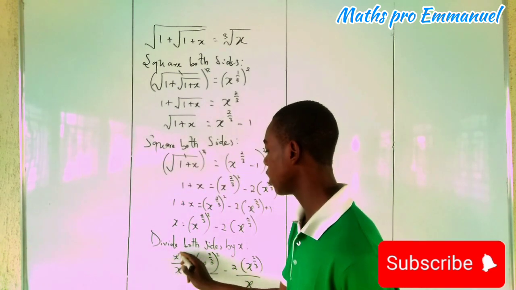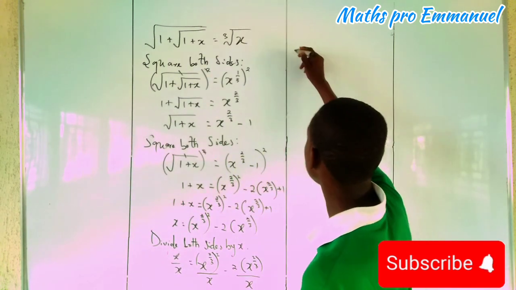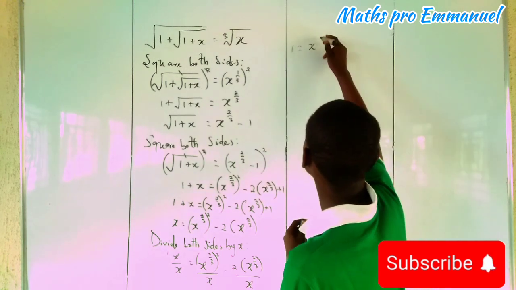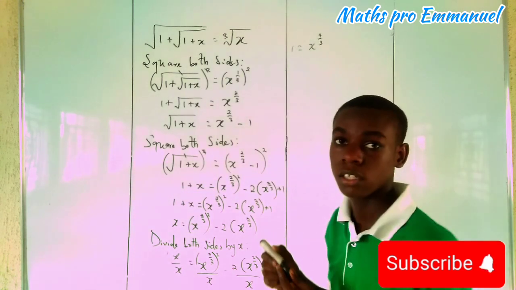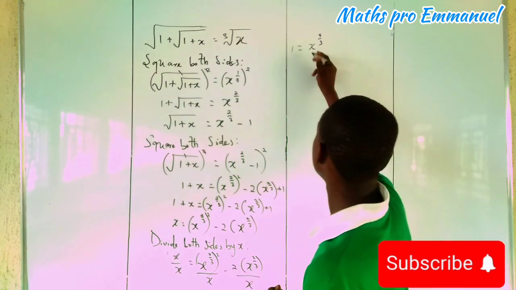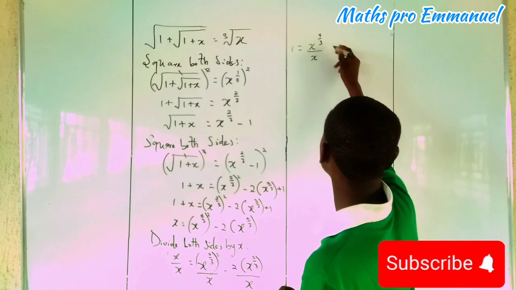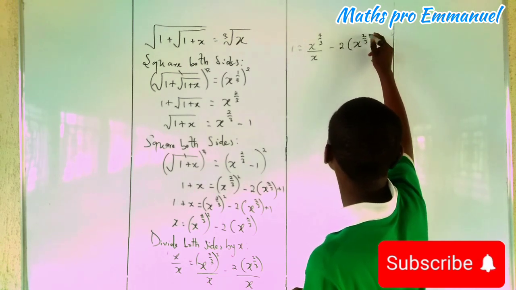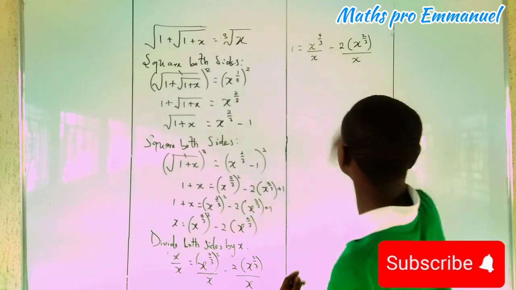And now x divided by x is 1. So you have 1 equal to x raised to the power of 4 over 3. That's another law of indices: 2 times 2 is 4, all over 3, divided by x, minus 2 into x raised to the power of 2 over 3, all over x.